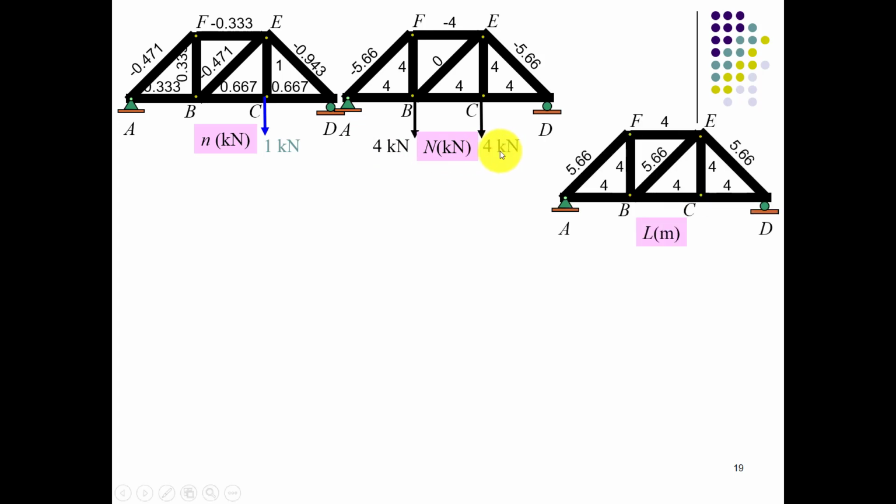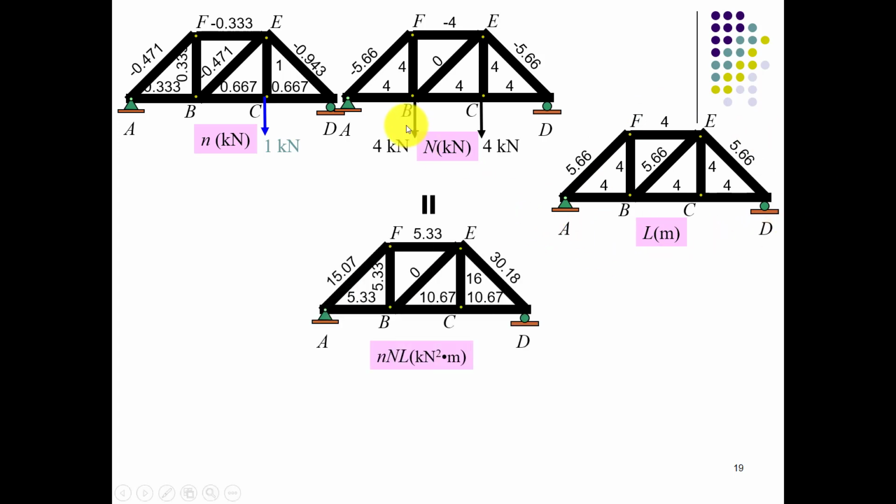Here is basically the length, and you will multiply the components with each, like you have minus 0.471, minus 5.666, plus 5.666. You will multiply all these to obtain this matrix.